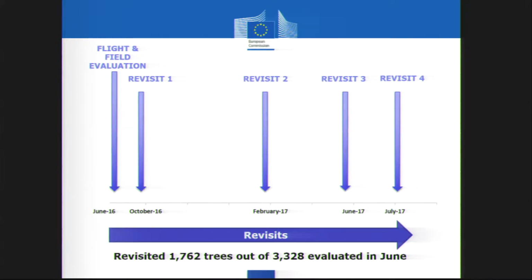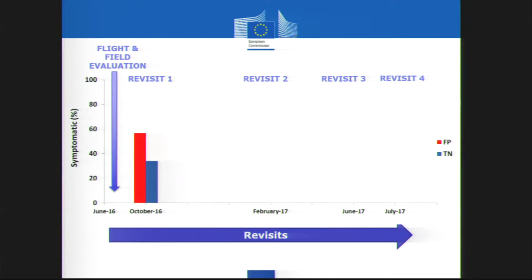Out of almost 1,700 trees, out of the 3,000 evaluated in June, what we found is that after the flight made in June, July, 3 months later, the trees that showed symptoms were in higher proportion those that remote sensing said were affected.